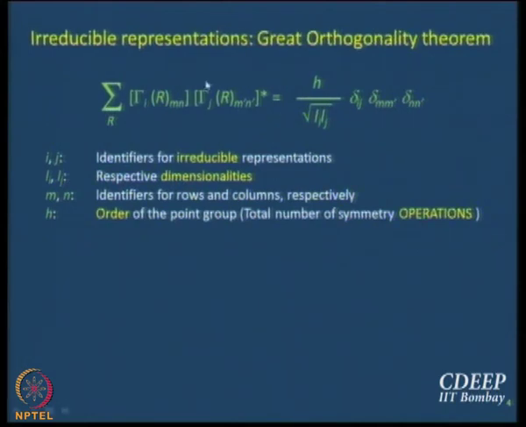See, you are multiplying something with the complex conjugate of something, or forget the complex conjugate also for now. You are multiplying something with something else and summing over all possible values, and then you get on the right hand side the Kronecker deltas. Isn't that what you get for a set of orthonormal vectors?